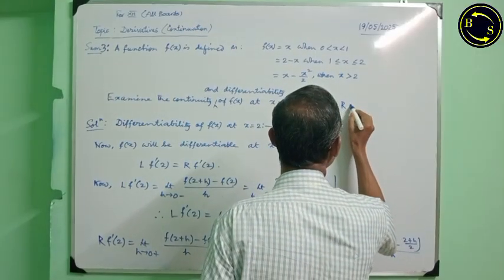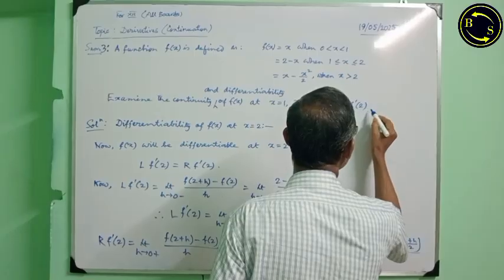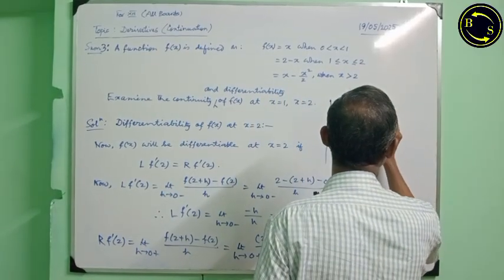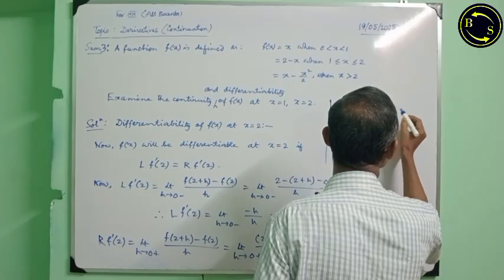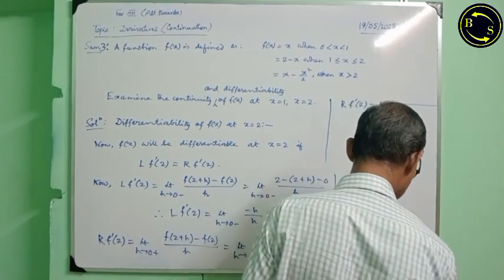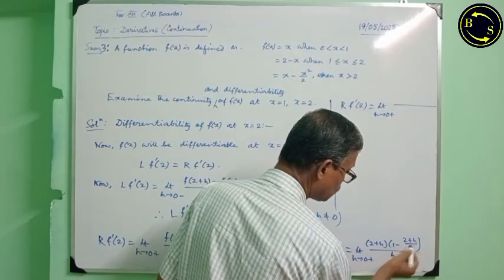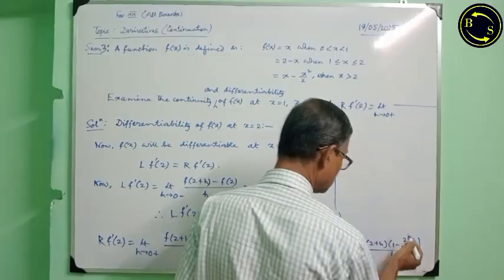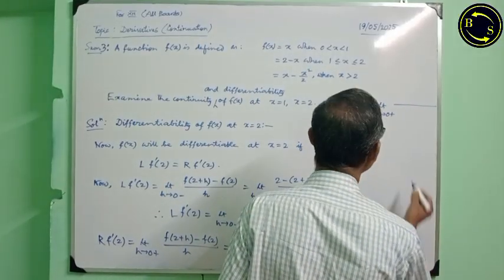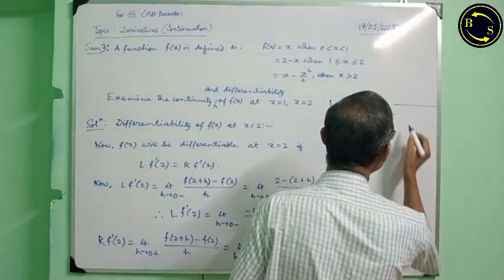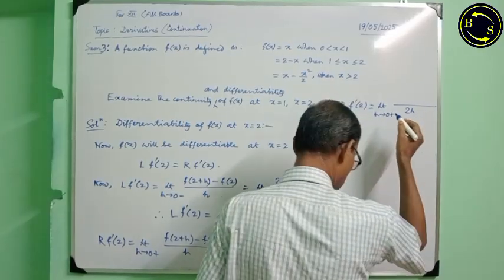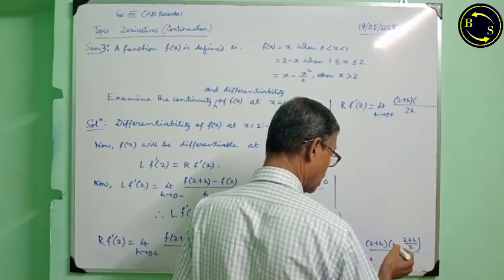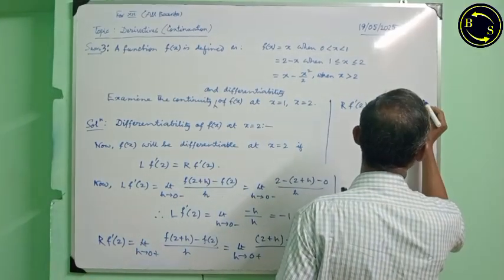R f dash 2 is equal to limit h tends to 0 plus, after simplification, in this case 2 minus 2, 2 will be cancelled, then minus h. At the denominator I write here 2, numerator (2 plus h) into minus h.